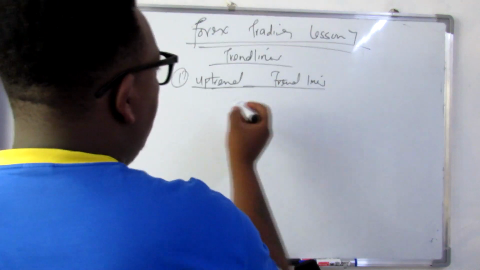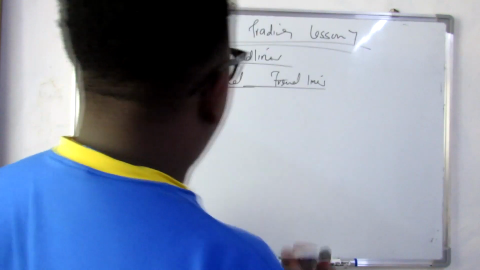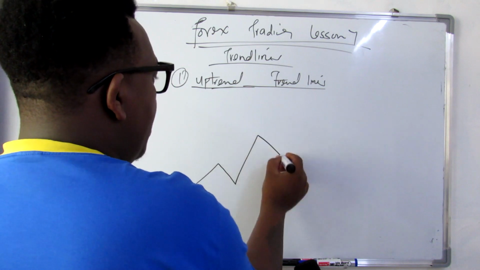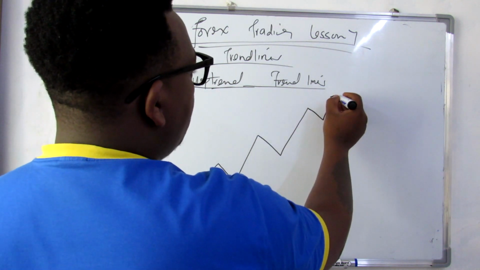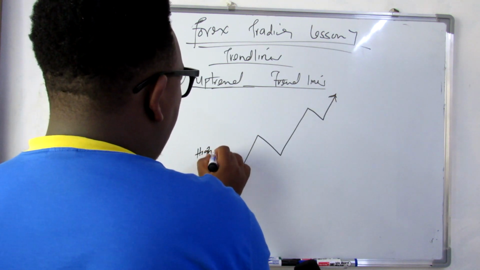And if you remember, there's a lesson where we talked about uptrends, whereby the market has to make new highs. For instance, if the market is coming from the downside, we expect the market to be making new higher highs.